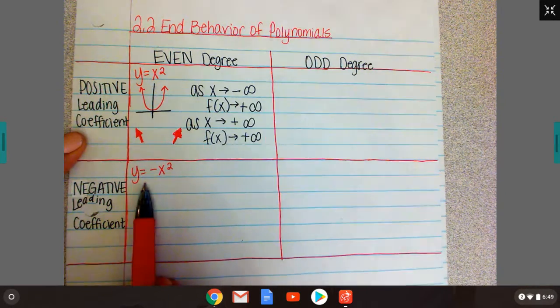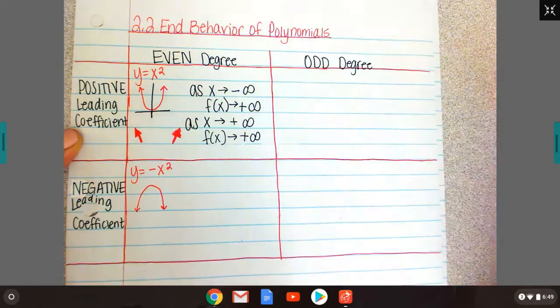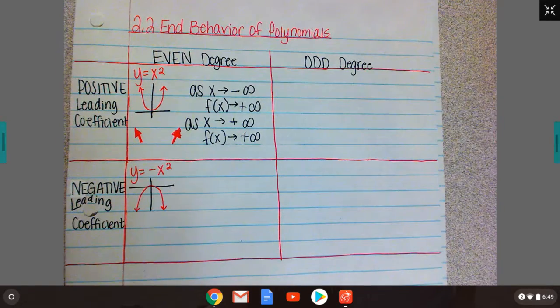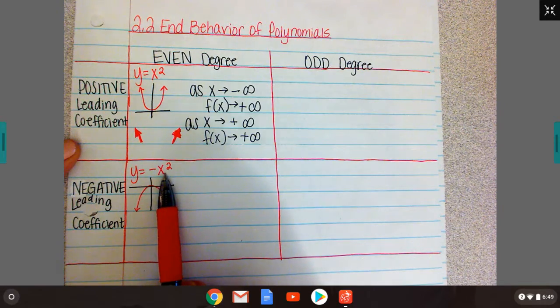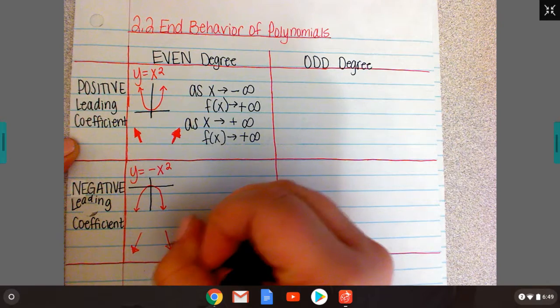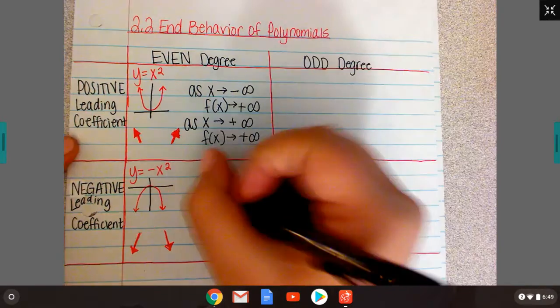So let's look at the next one, y equals negative x squared. We know that that's the one that looks like a sad face, the way we talked about it. So we know that everything with a negative coefficient and an even degree is going to start low and end low. So let me fill in our chart.